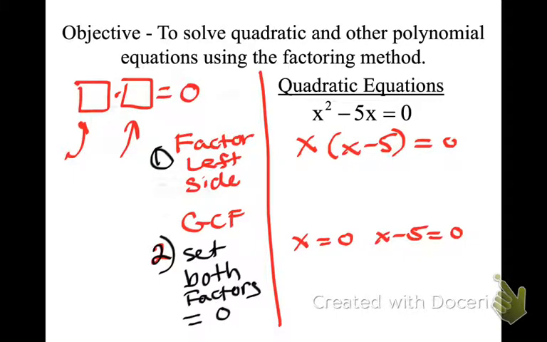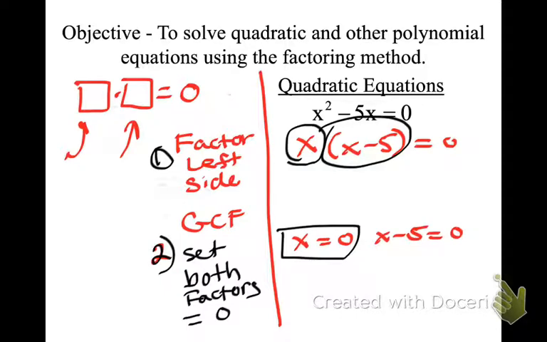Here's the first factor, and here's the second factor. Those are the two factors. There's nothing we have to do here. But here I have to get x alone, so I'm going to add 5, and then I get x equals 5.